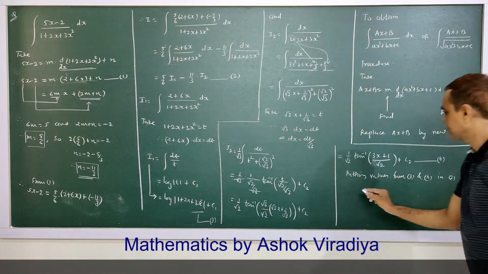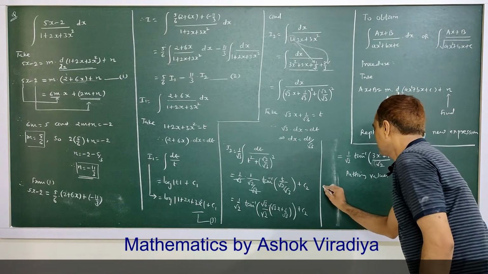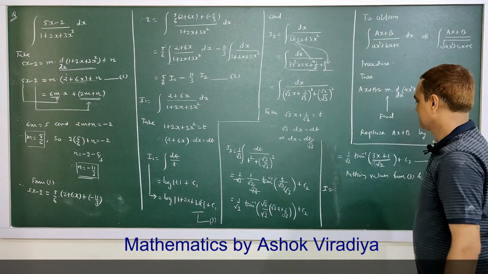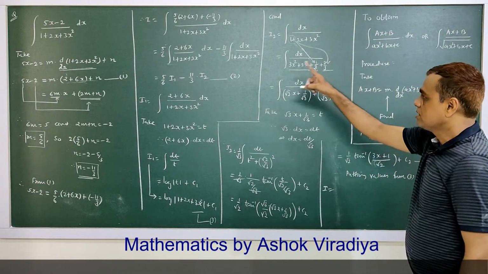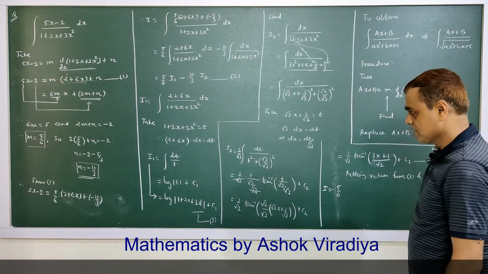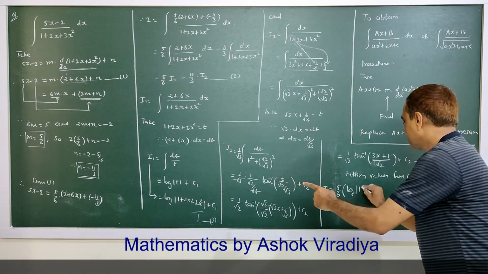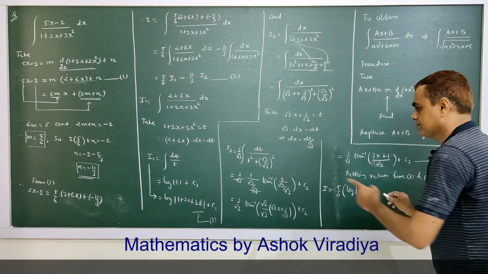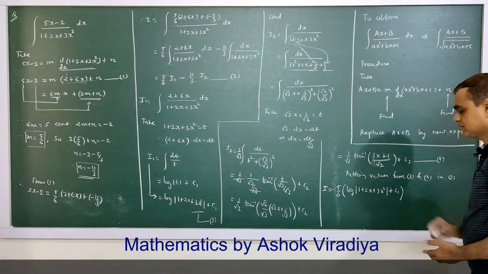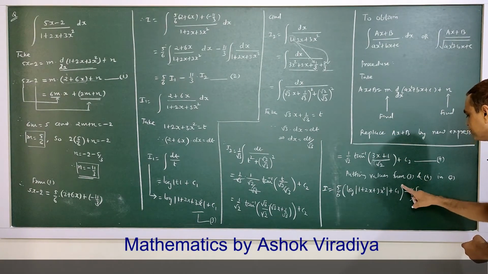So integral is 5 by 6 times I1. I1 is log mod 1 plus 2x plus 3x square plus c1, minus 11 by 3 times I2.